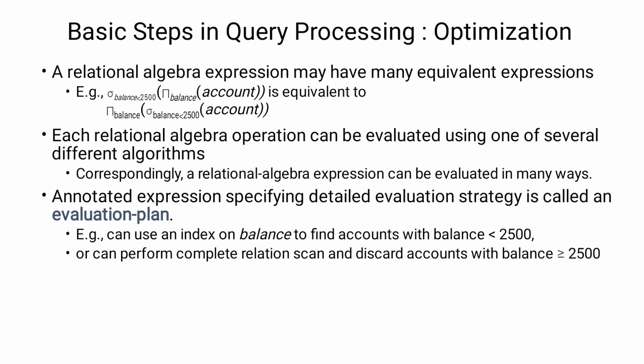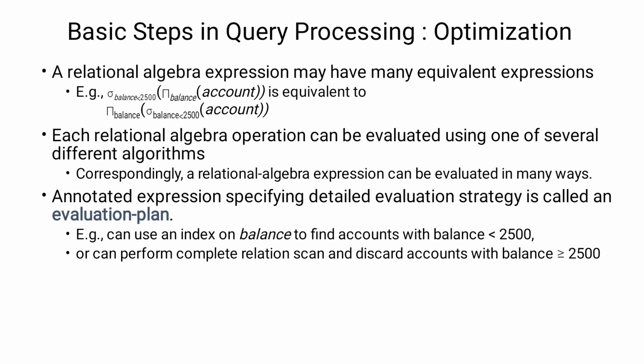There are two relational algebra expressions. The first one is select balance less than 2500 and project balance of account, and the equivalent alternative is project balance and select balance less than 2500 of account.